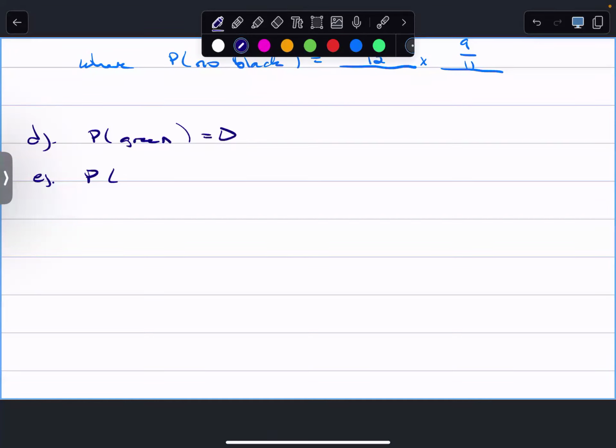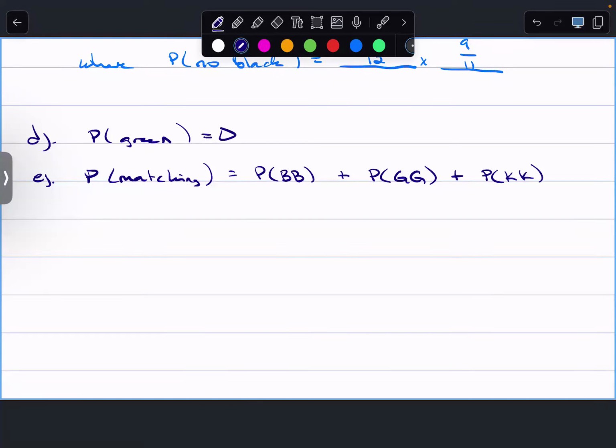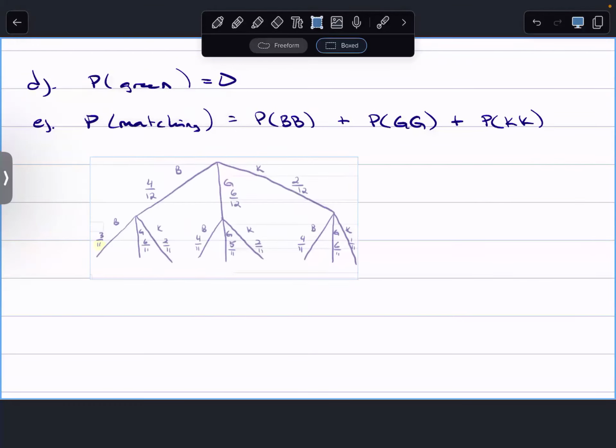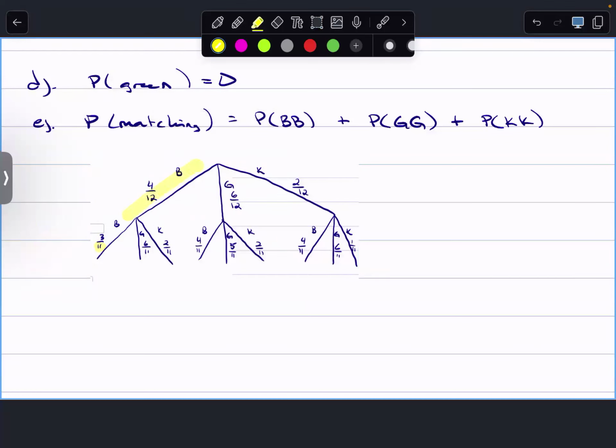E, the probability of matching is, well, I'll bring the tree in a bit here, but it's the probability of blue and blue, or, adding the probability of gray and gray, or the probability of black and black. Visually, these are matching, these are matching, and these are matching. So whichever way you'd like to approach it.